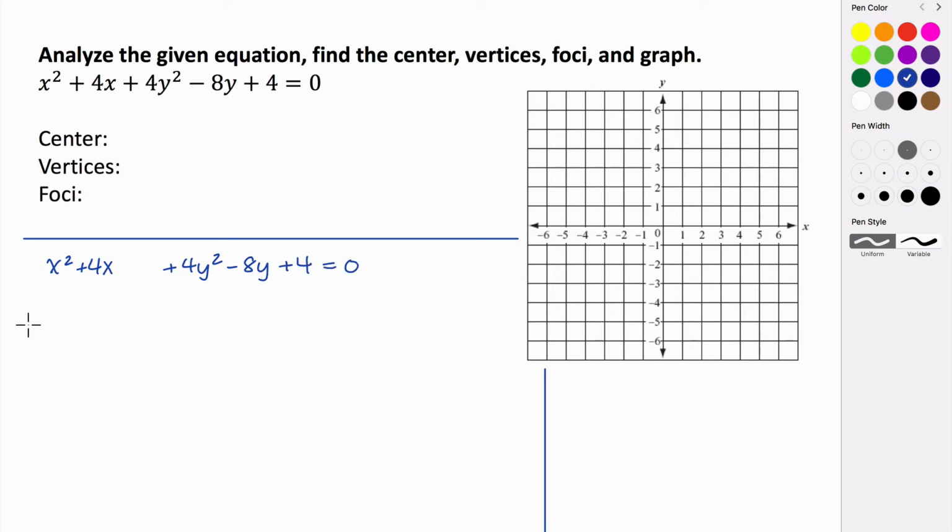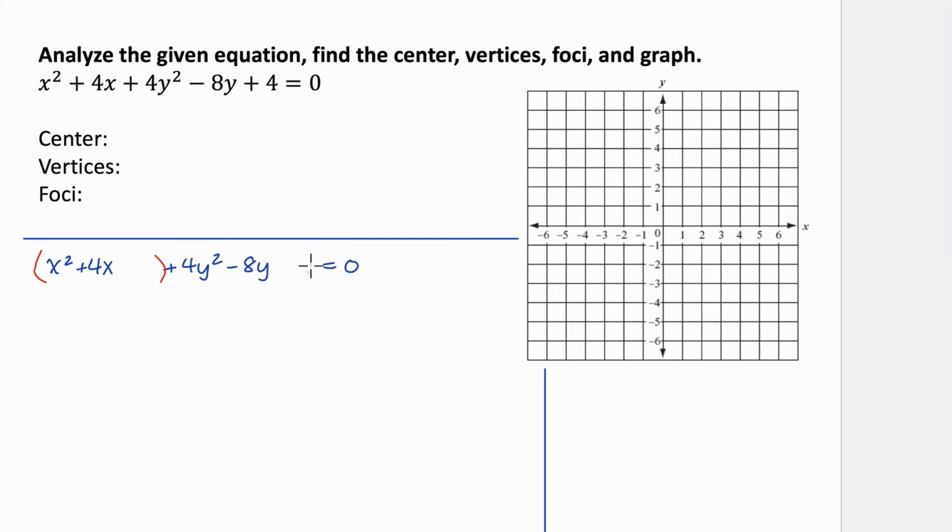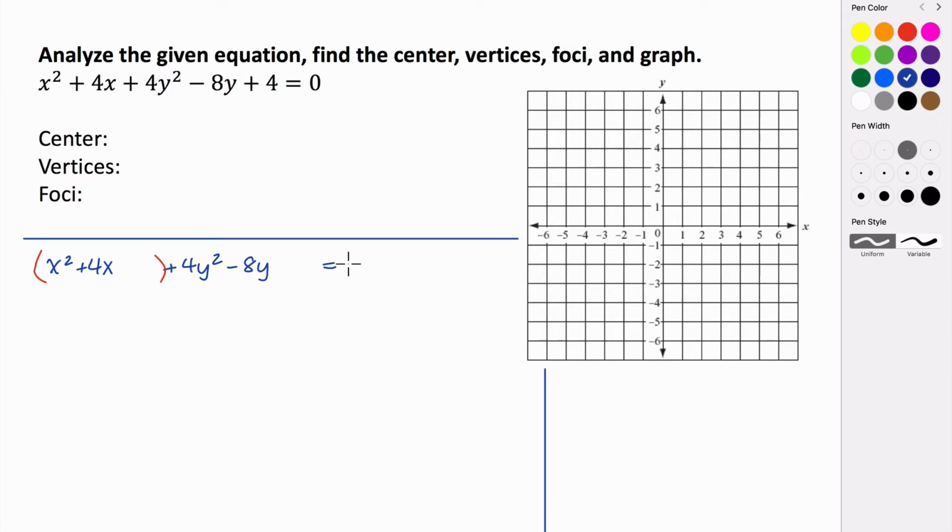We want to group the x values, group the y values. We also want to move this constant to the other side, so I'm going to subtract 4 from both sides. And that's going to give me -4 over here. So we have our x's grouped, we have our y's grouped, and we need to complete the square.